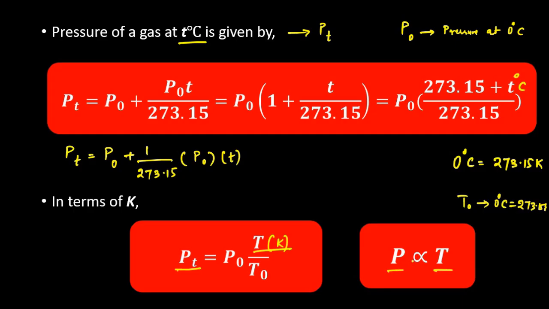at constant volume. Pressure is directly proportional to temperature at constant volume.